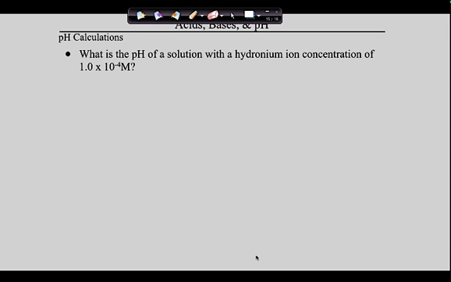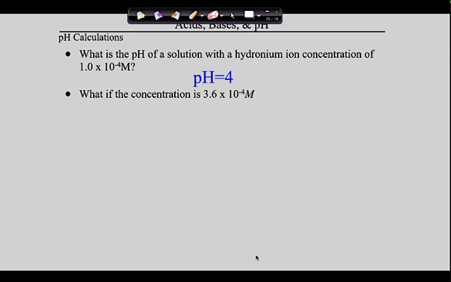It says, what is the pH of a solution with a hydronium ion concentration of 1 × 10⁻⁴? What's the answer? You get it? 4. Guys, if you don't get it, get it. The hydronium ion concentration is 1 × 10⁻⁴. What's the pH? It's that. It's pH 4. Good?